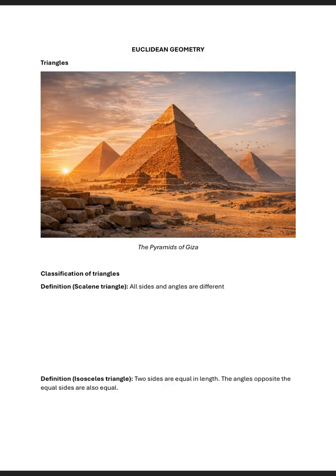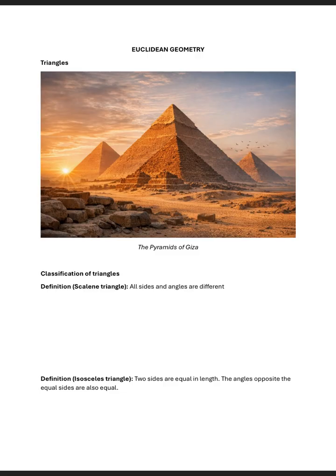So the first classification, we have the definition of a scalene triangle. A scalene triangle is a triangle that has all sides and angles that are different. A triangle where all sides and angles are different is called a scalene.